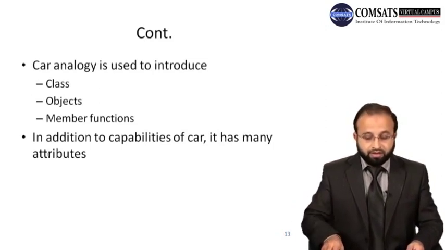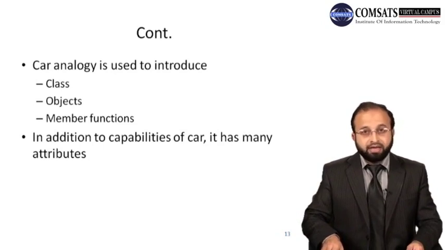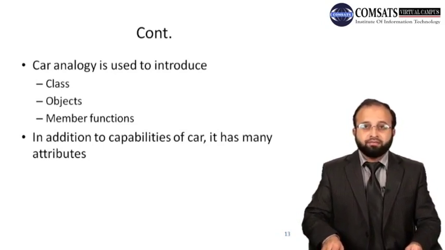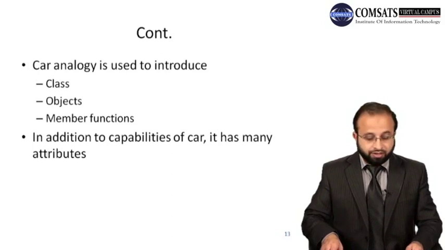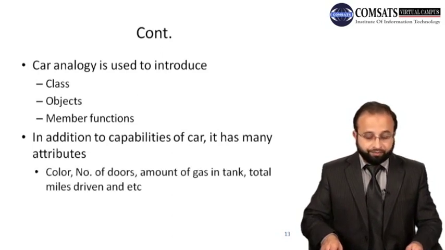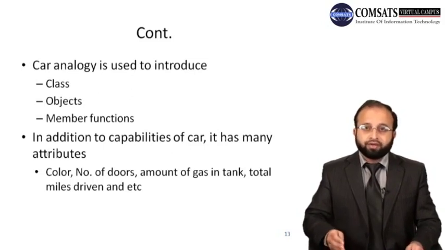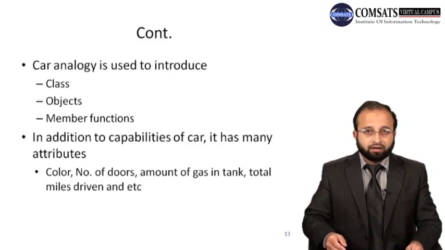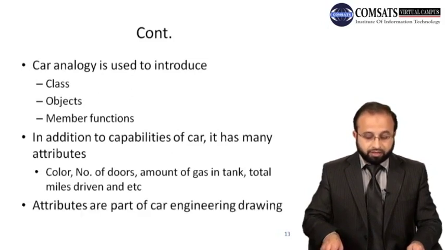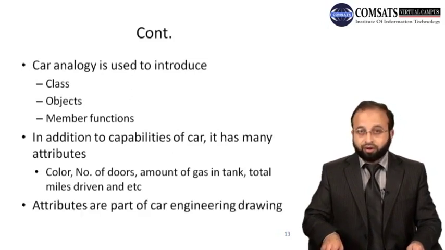In addition to its capabilities, a car has many attributes, or we can say many fields, many properties. These attributes are color, number of doors, amount of gas in the tank, total miles driven, and so on. There are a lot of attributes you can count on your fingers for any car, right? Attributes are part of the car engineering drawing.